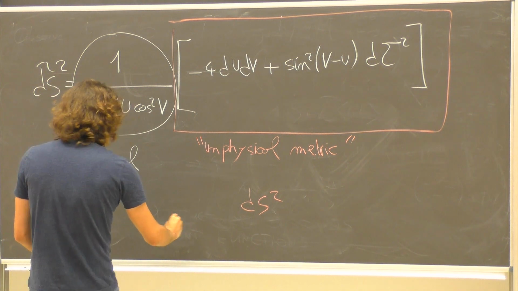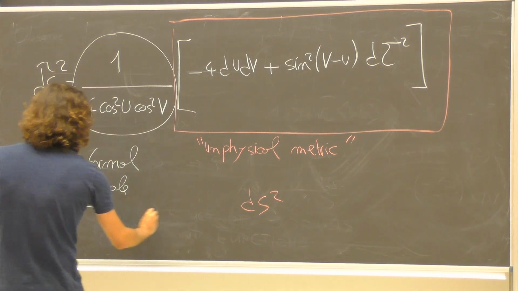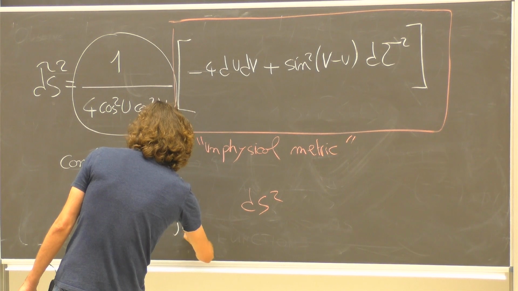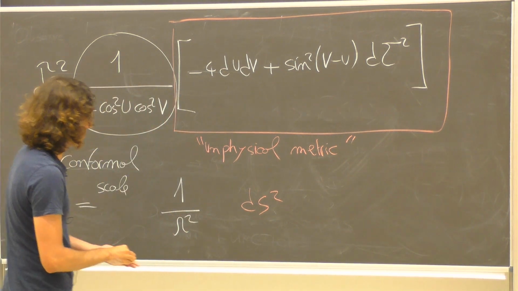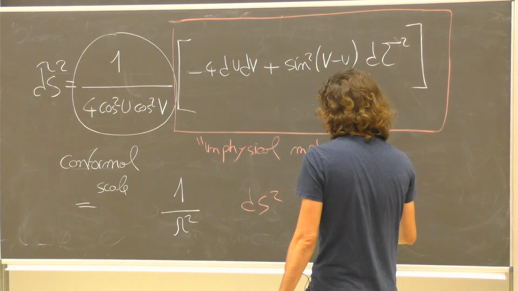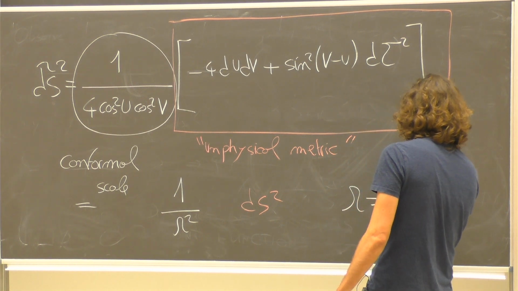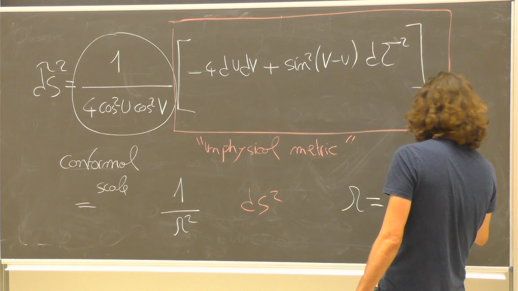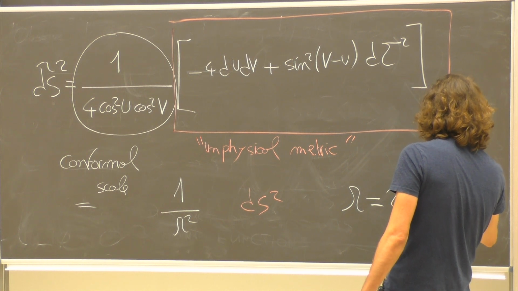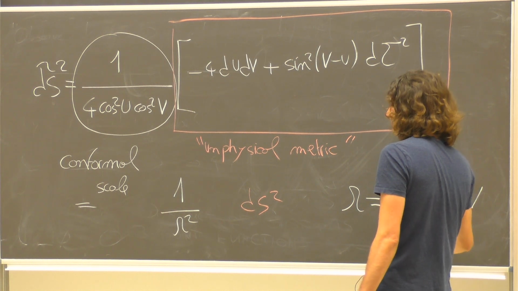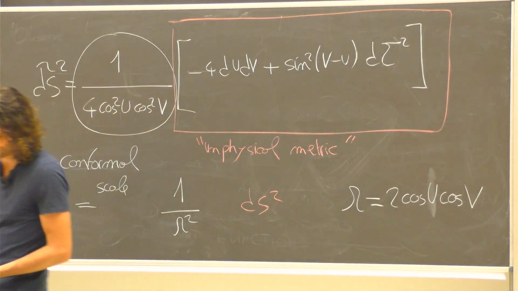So we have ds squared equals 1 over omega squared ds tilde squared, and omega, just for me to remember, is 2 cos u cos v. So this object is the conformal scale.